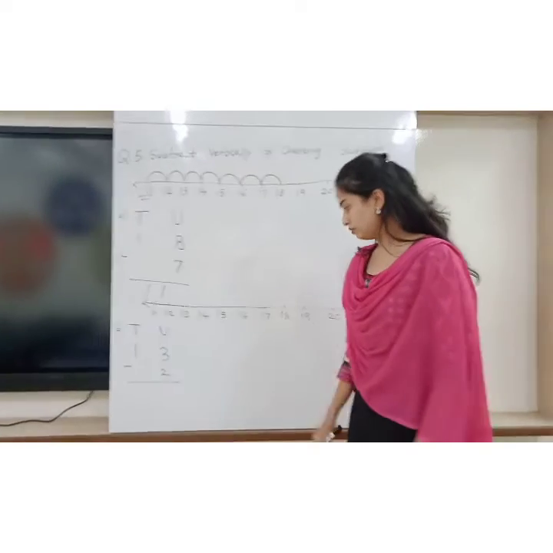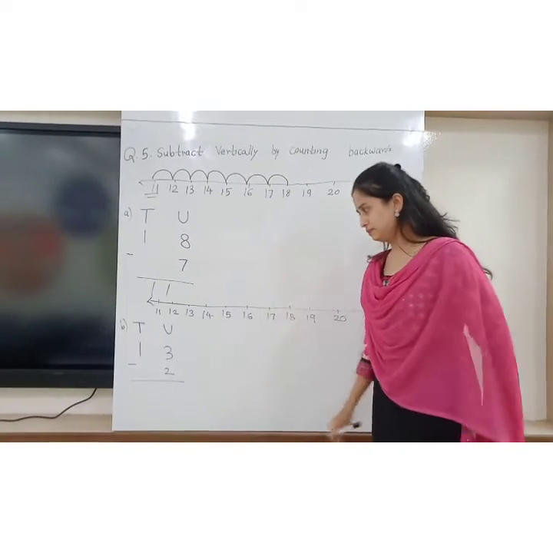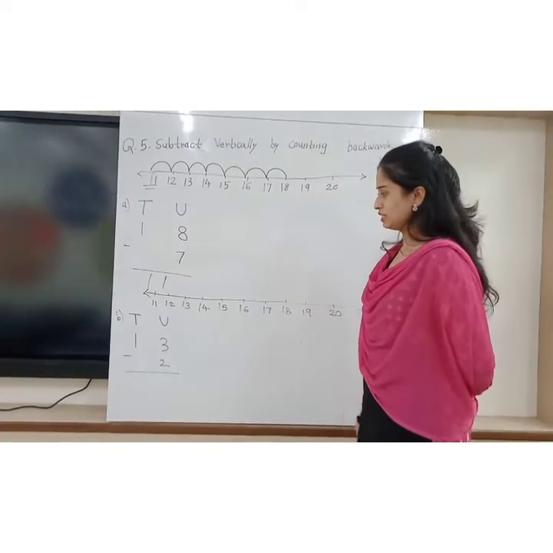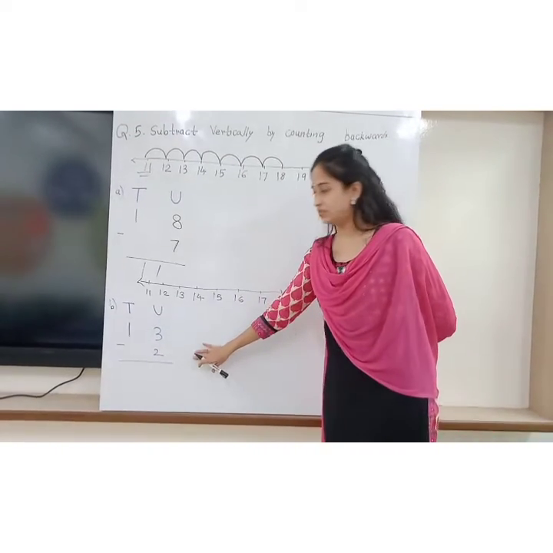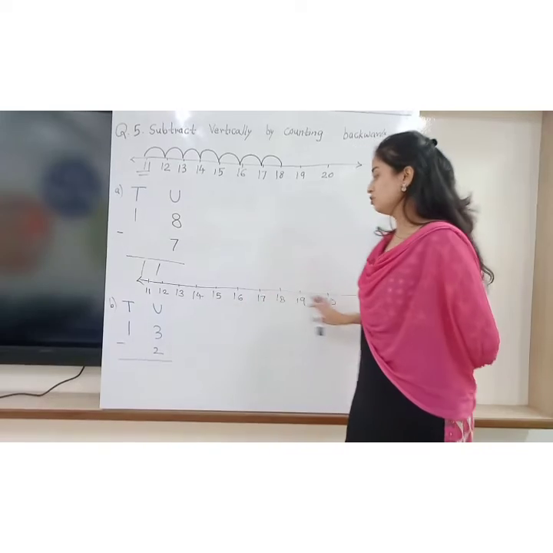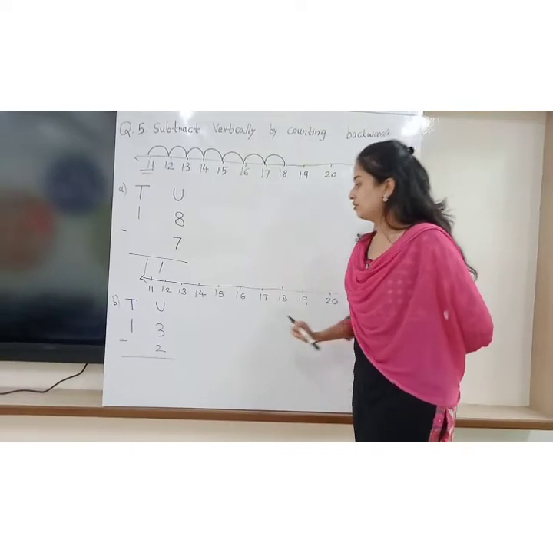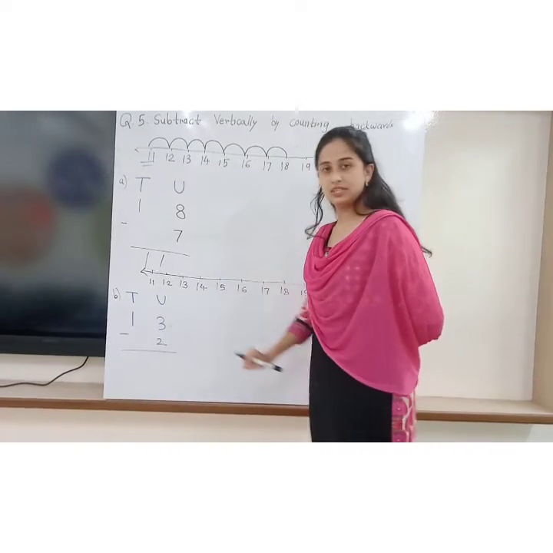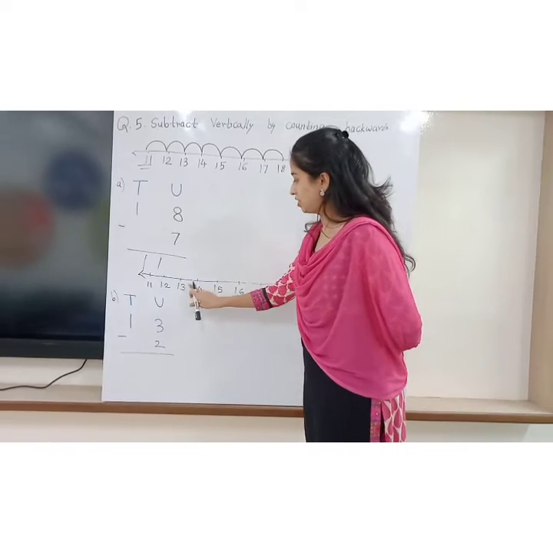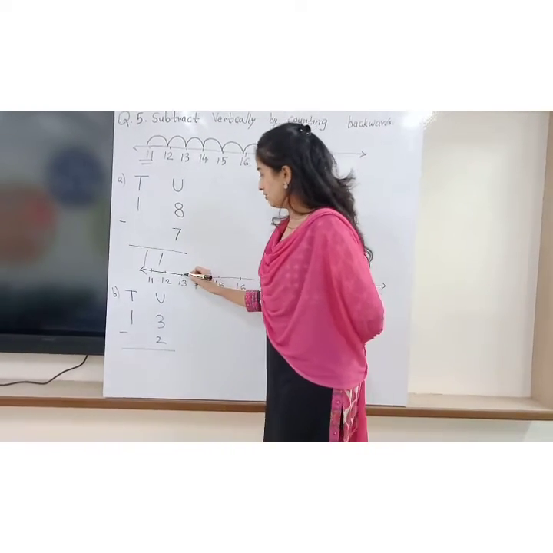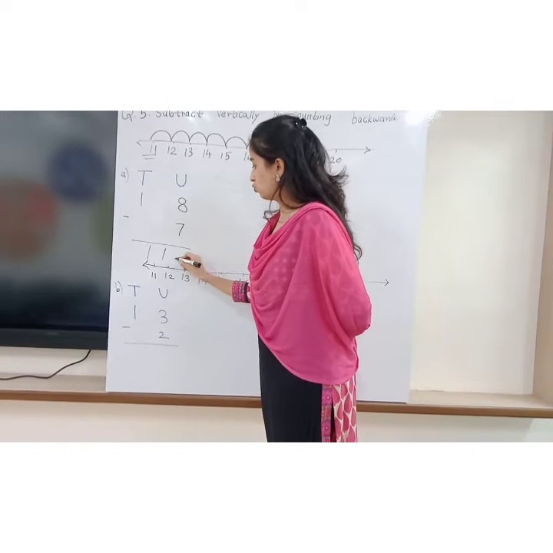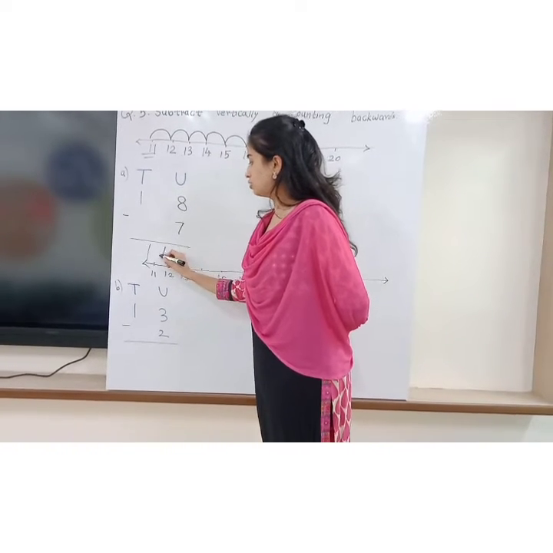Now let us solve one more example. Let us see what is the next example. It is 13 minus 2. Again we will use the number line. So we will start with the bigger number. So I will start with 13 and count 2 backwards.